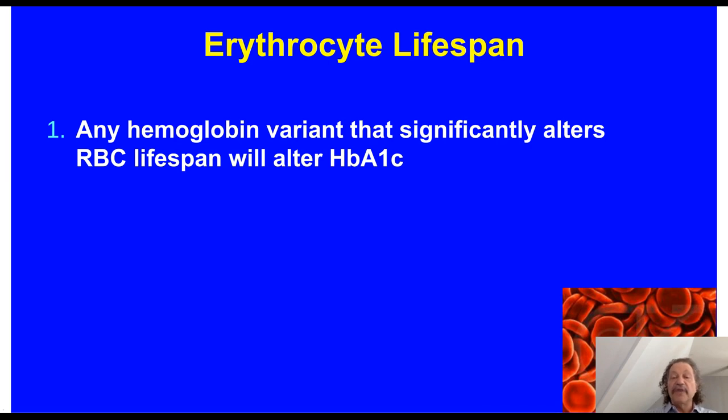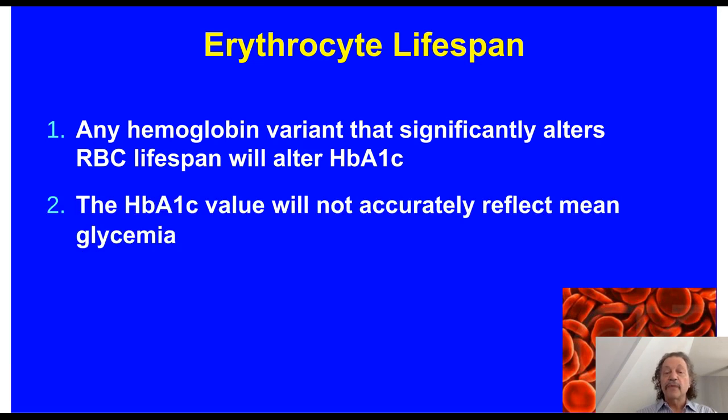Any hemoglobin variant that significantly alters the red blood cell lifespan will alter hemoglobin A1c. And that is clearly evident from Dr. Higgins's talk. And in this situation, the hemoglobin A1c value will not accurately reflect the patient's mean or average glycemia.